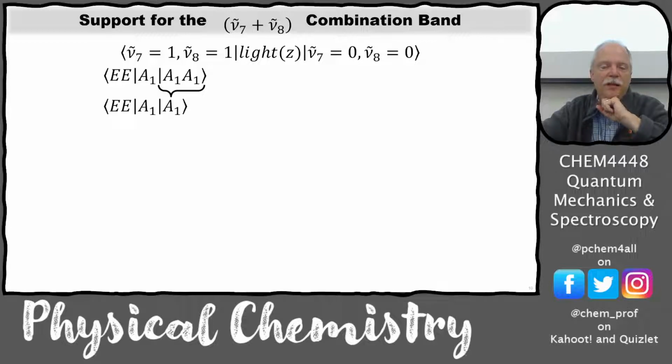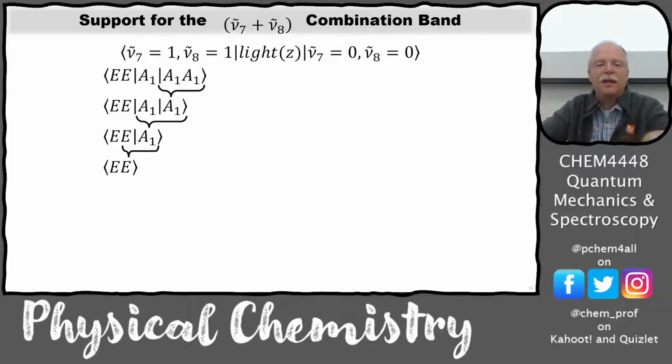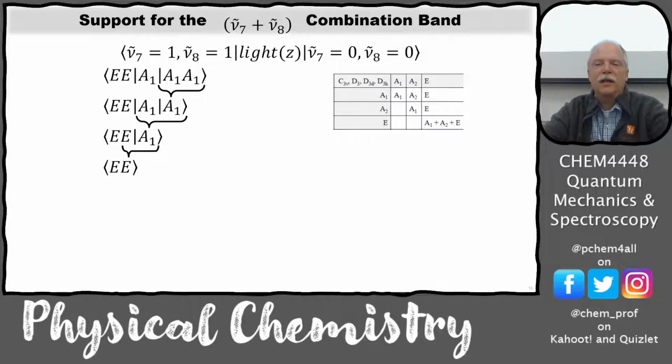So doing these pairwise from the right, A1 times A1 equals A1, and then A1 times E equals E. And now we get to the interesting row where we look at the direct product table. We have E times E giving this combination of A1 plus A2 plus E. Same thing we saw in the CO2 actually. Only the CO2 was centrosymmetric and it had G's and U's on it.